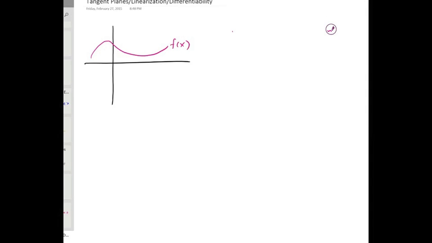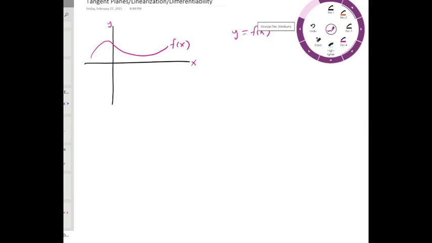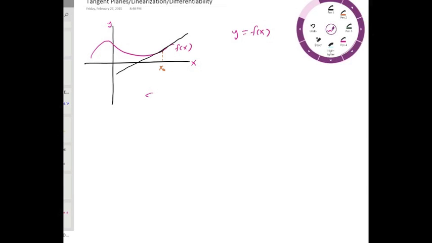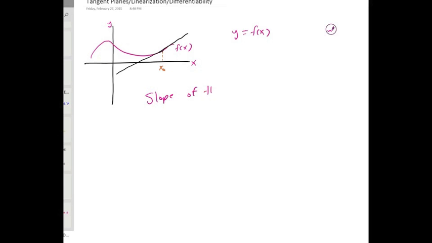So, if you remember when you studied single variable calculus, you had the graph of y equals f of x, the x and y axes, and at any point x0, there was a tangent line to the curve f of x, and the slope of the tangent line was f prime of x0.